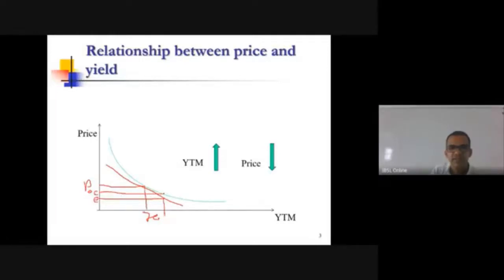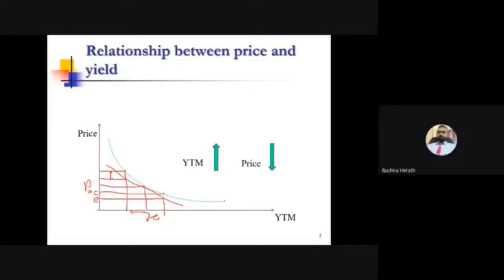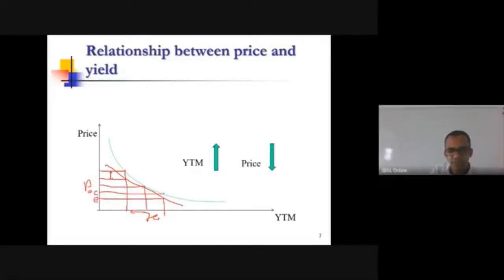If you go this way, that means a decrease in yield, still the estimated price would be lower than the real price. There's a difference. Clear? Because we assume we move along a straight line instead of this curve.